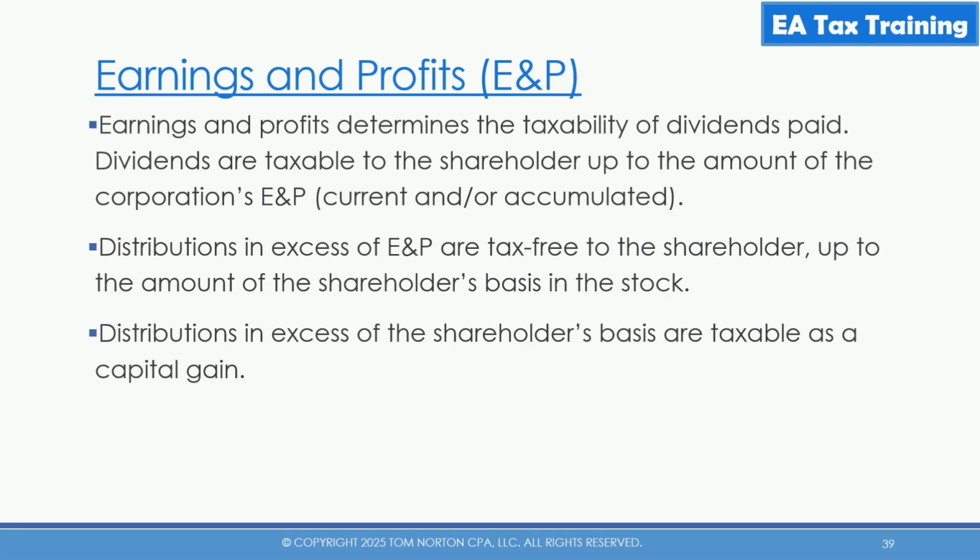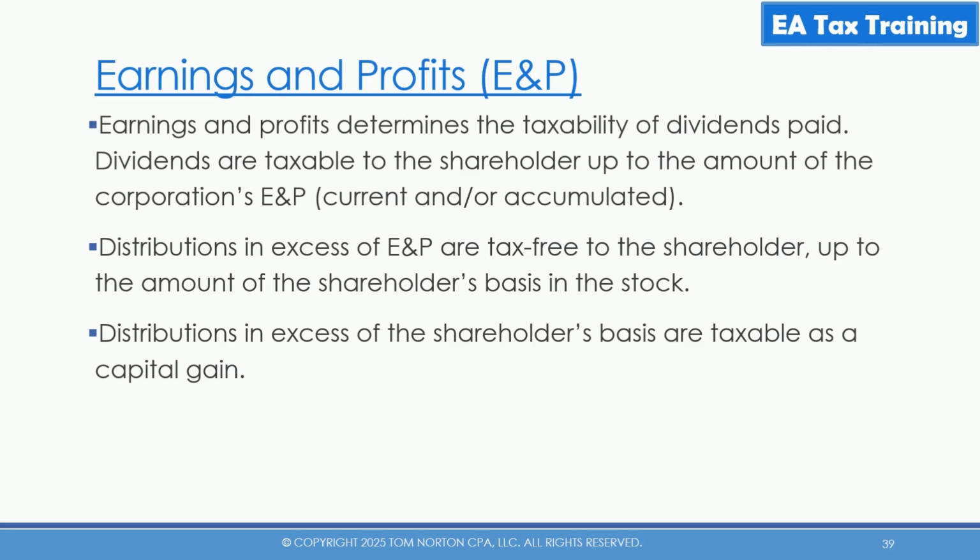What if the corporation keeps making distributions in excess of even the shareholder's basis? That then is taxable capital gain to the shareholder. So again, think about buying stock in the stock market. If you bought stock for $10,000 and you sold the stock for $15,000, for example, the first $10,000, that's not gain, that's just giving you your money back.